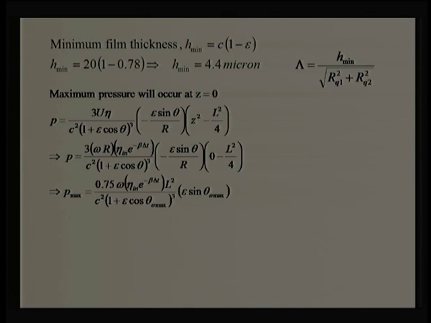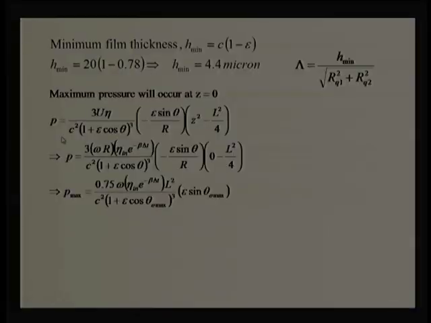Now, we have used Z equal to 0, but we need to find out at which angular position maximum pressure is going to be generated. On the pressure profile, what will be the location of maximum pressure, that means theta 0 max, as we are using a short bearing approximation.